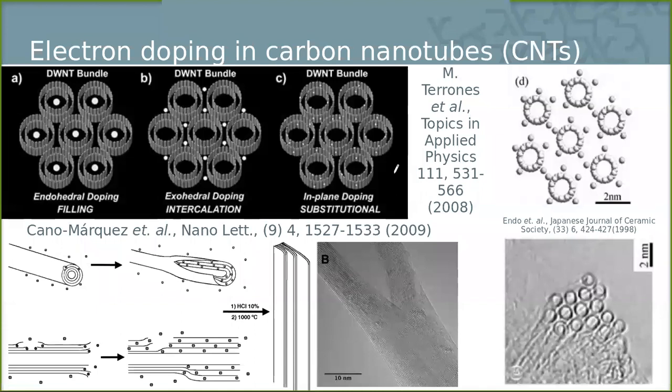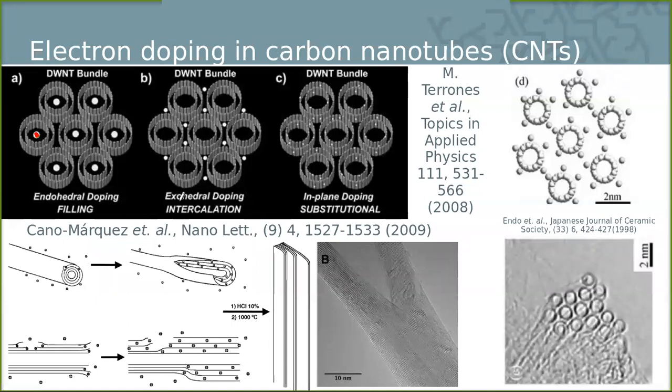How can we dope carbon nanotubes with electron donors? There exist several ways. You can observe here a model called endohedral doping, by filling carbon nanotubes with electron donor molecules or atoms.